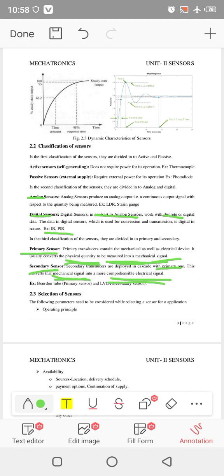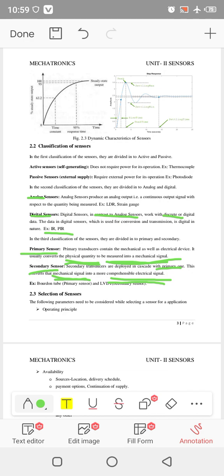And the LVDT is a secondary sensor, used, for example, to measure displacement. This is one of the inductive types of displacement measuring sensors. We will see this in detail in this class.